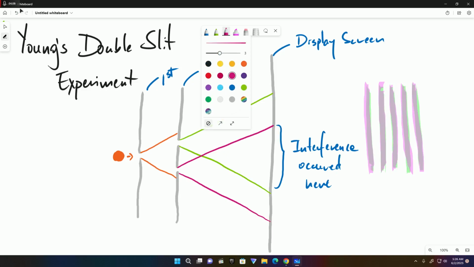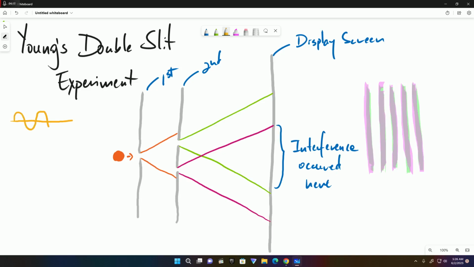If you remember my very, very brief explanation of interference, think of a wave traveling like this, and then it runs into a second, similar wave, and the two waves meet like this.